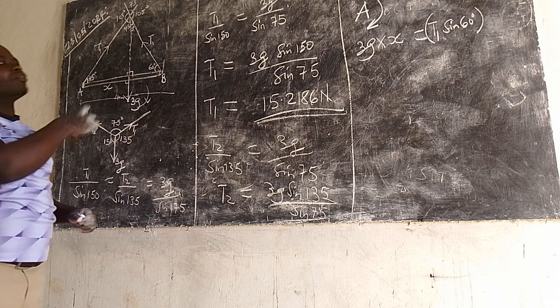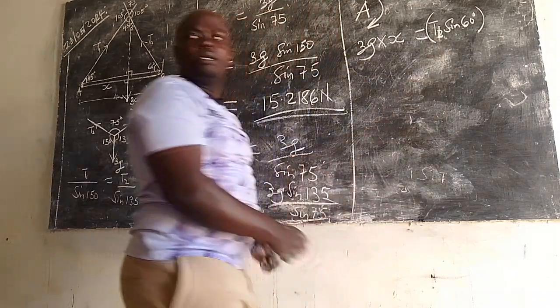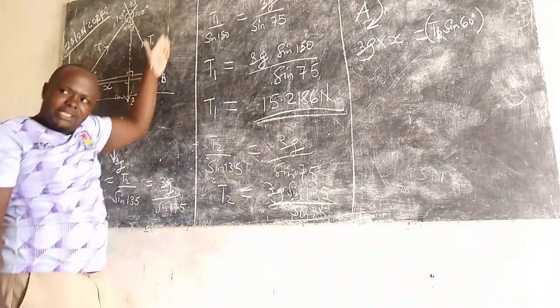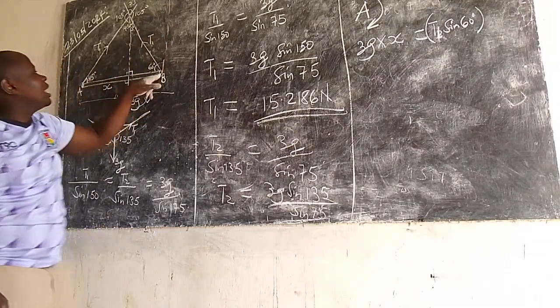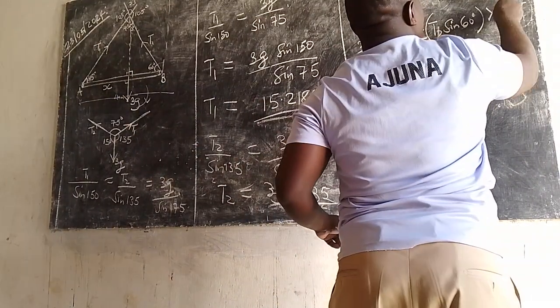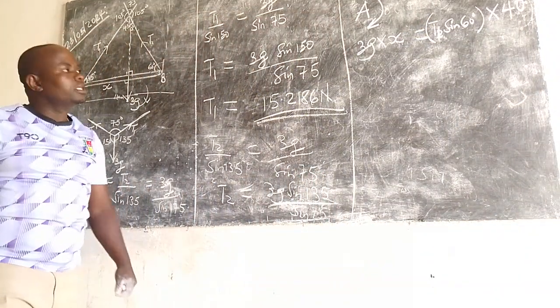I have resolved it: it is T2, not T1, so it becomes T2 sine 60. Now it is perpendicular to this distance, so I simply multiply it by our distance, 40 meters.